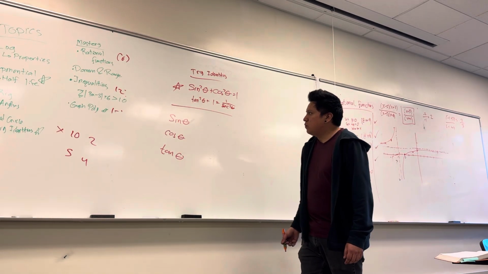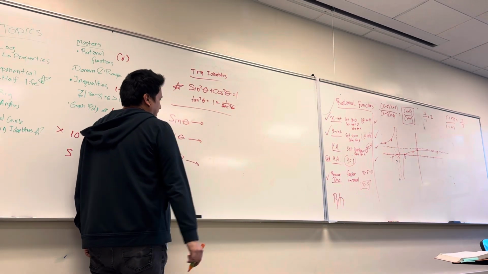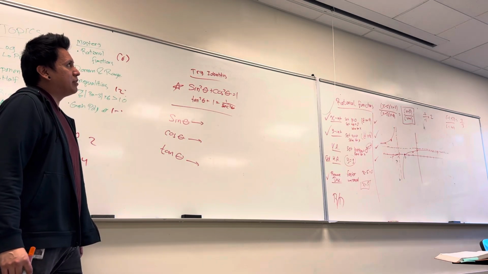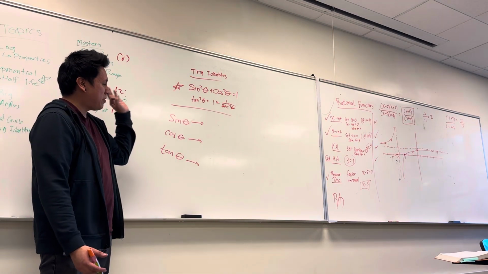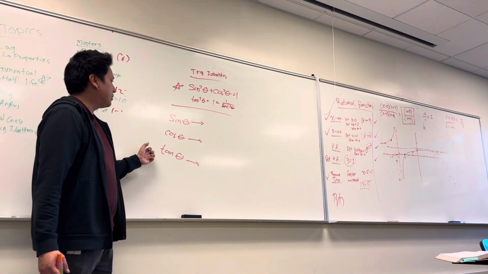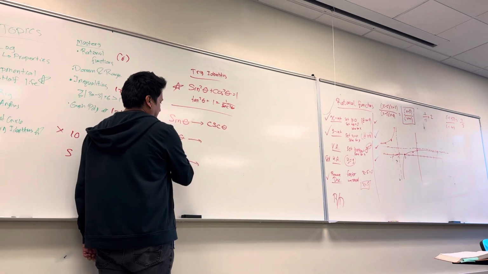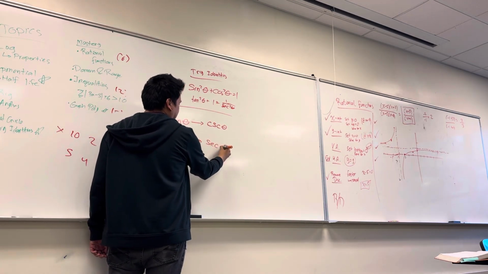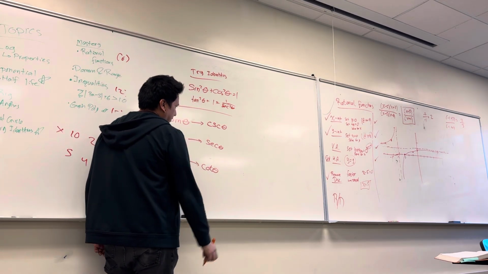I like to correspond each trig function with one of these three. Basically, from the other three trig functions, we can always correspond them to one of these three. So sine corresponds with cosecant of theta, cosine corresponds with secant of theta, and tangent corresponds with cotangent of theta.